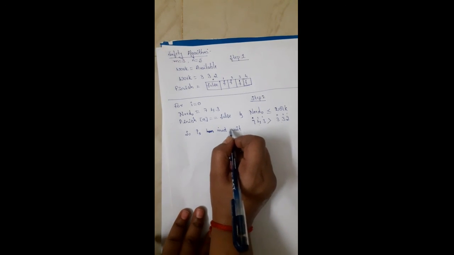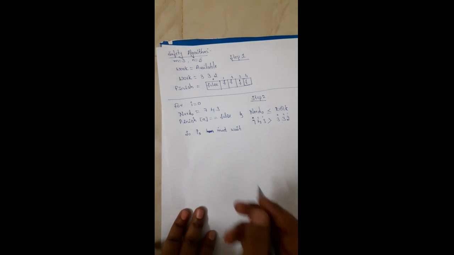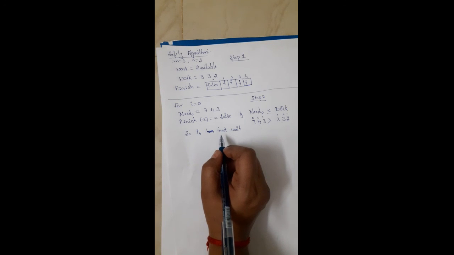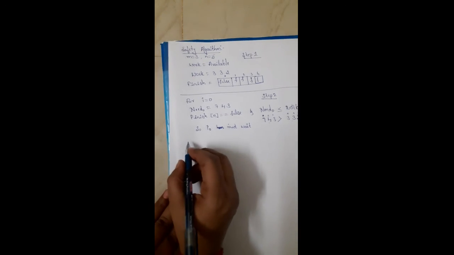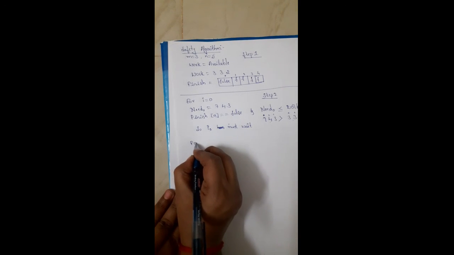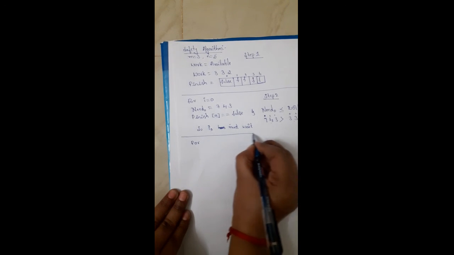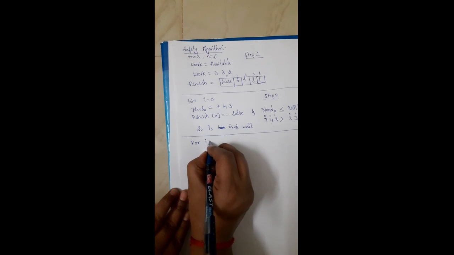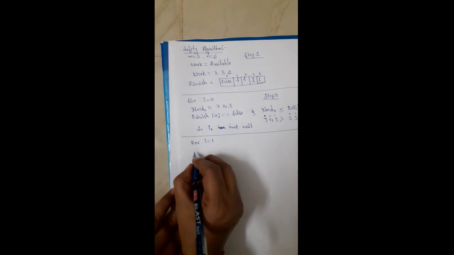Fine. So next, according to the algorithm, what do we have to do? It is an iteration, right? So again, we'll increment i, for i equal to 1.